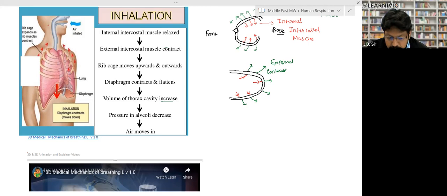Next point: due to the above process, the volume of lungs increases.